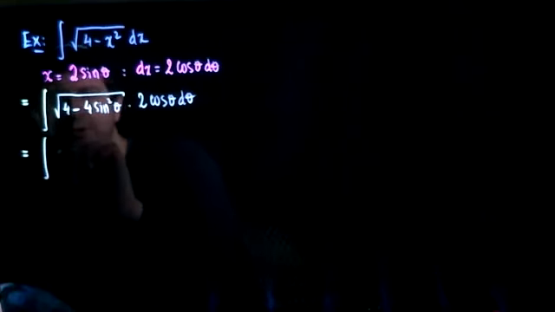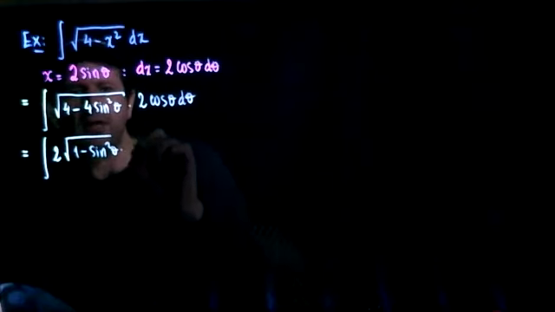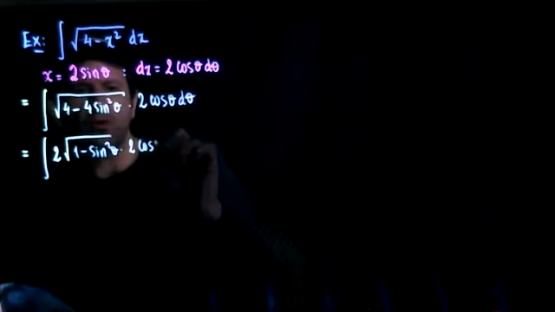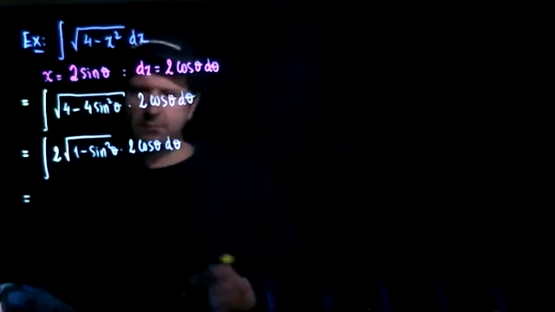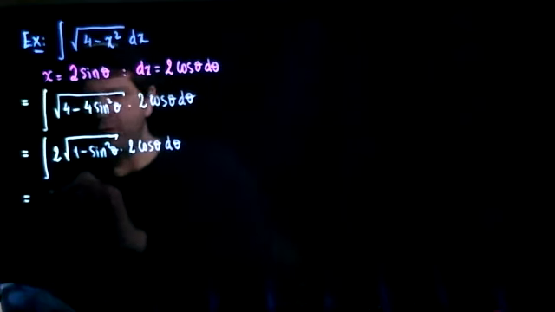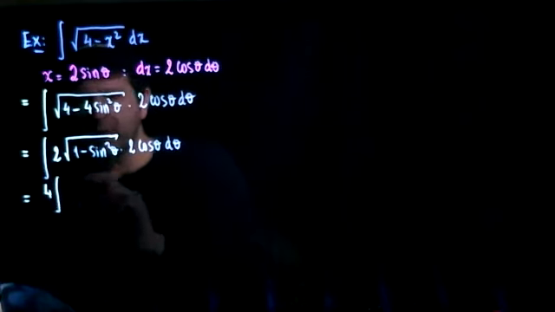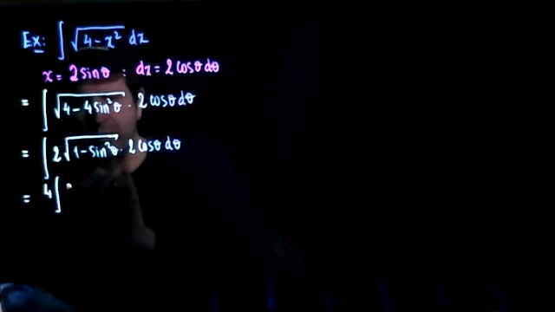Integral, take out a 2 from here, right? 4 factored out of the square root becomes 2 square root of 1 minus sine squared theta times 2 cos theta d theta. And 2 times 2 is 4. And 1 minus sine squared is cos squared. The square root is cos. Cos times cos is cos squared.